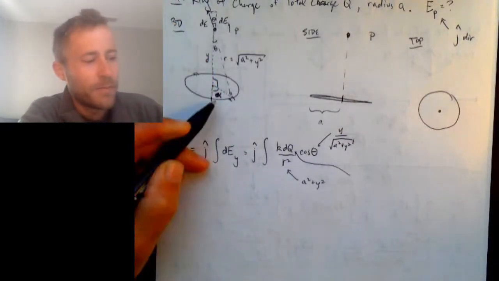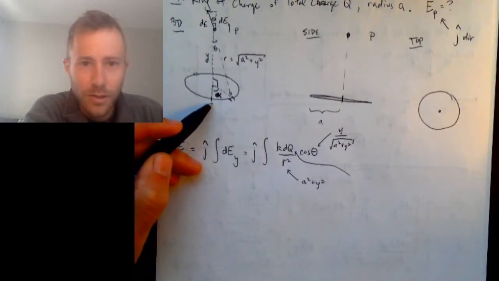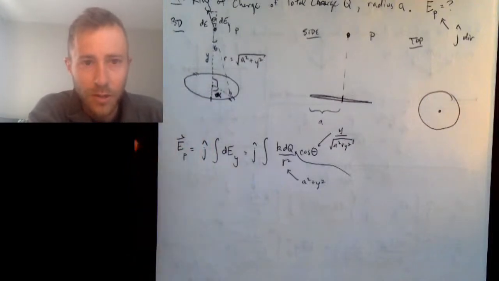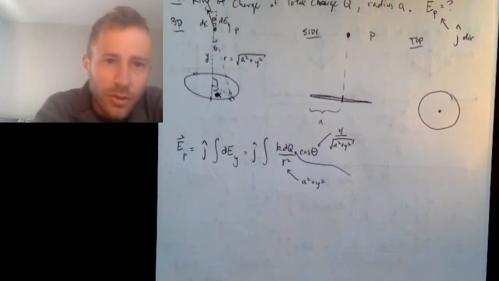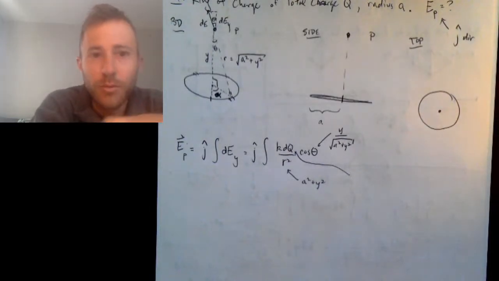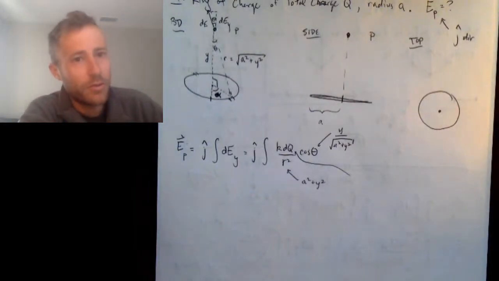And alpha is denoting the location along the ring of charge. Remember what I said: if you have any circles involved, then your integration variable will no longer be x. It will be some kind of an angle. But we have to be careful here because we have two angles.